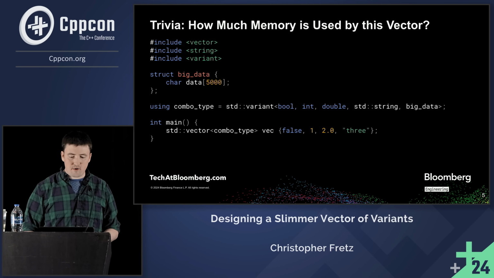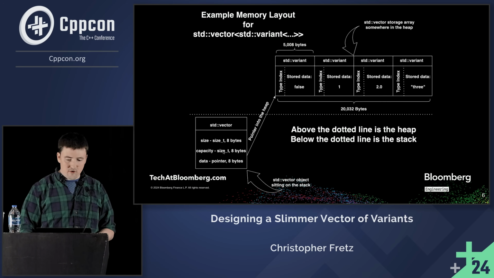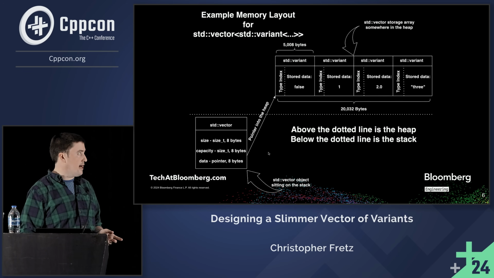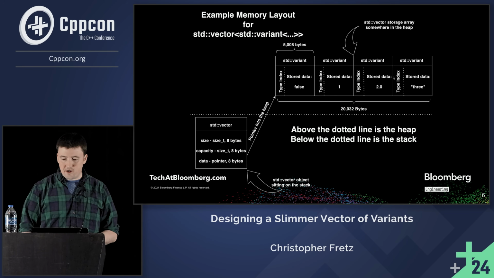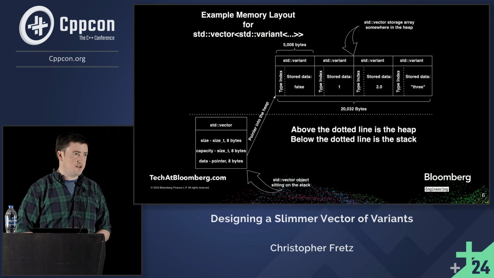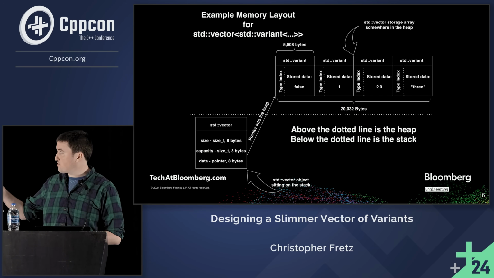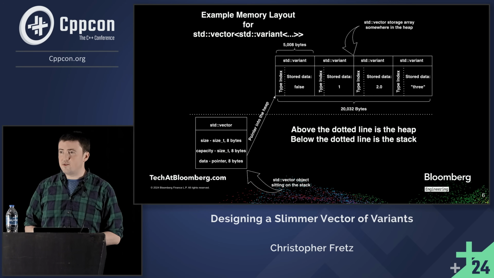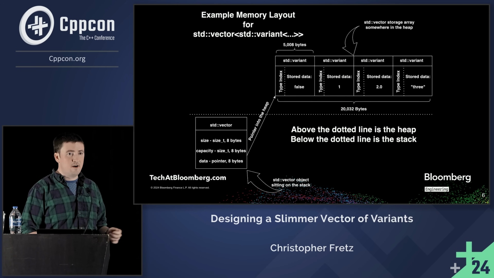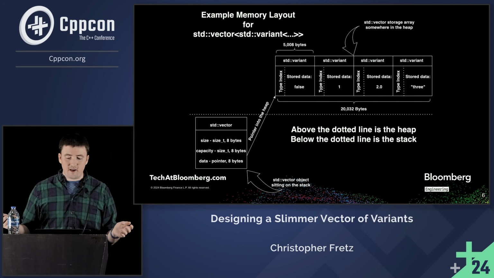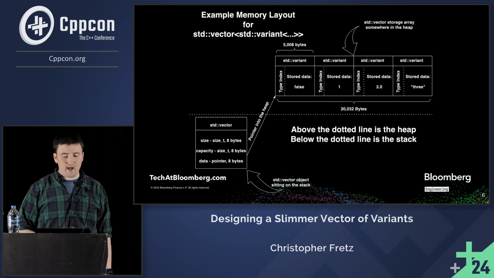Taking the previous example of our vector of combo type, this little box down here is the actual vector class sitting on the stack, with its size, capacity, and data. Up here is the contiguous storage array that goes into the heap. Even though we're storing essentially trivial data in these variants, every single one of them is over 5,000 bytes wide. What we end up getting is ludicrously bad usage of the memory that we've actually allocated.